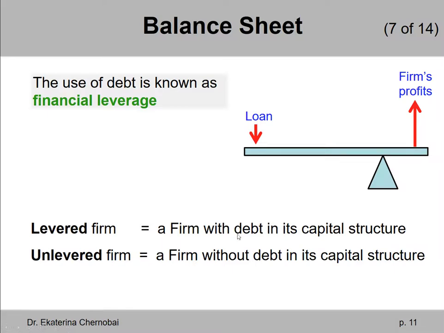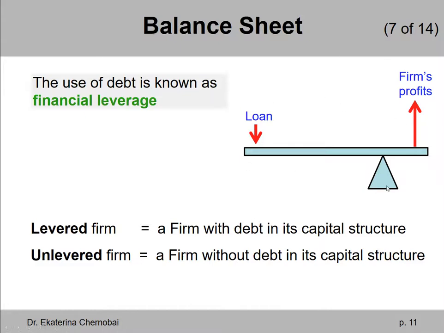It can be a lot of money that's borrowed or a little bit of money that's borrowed. All such firms would be called levered. But a firm with more debt would be called a firm using a higher financial leverage. An unlevered firm is that firm that has no debt at all in its capital structure.